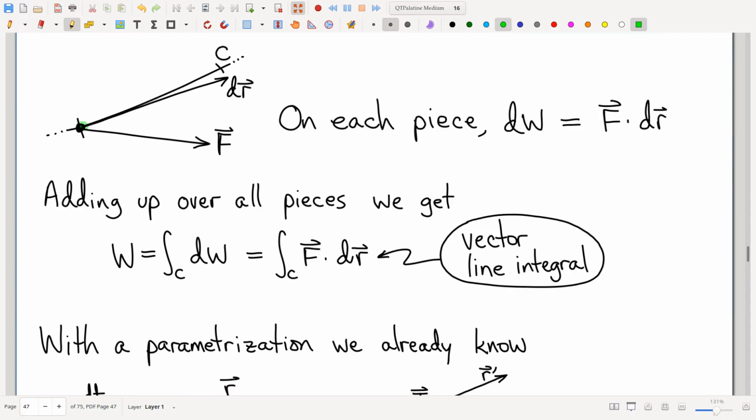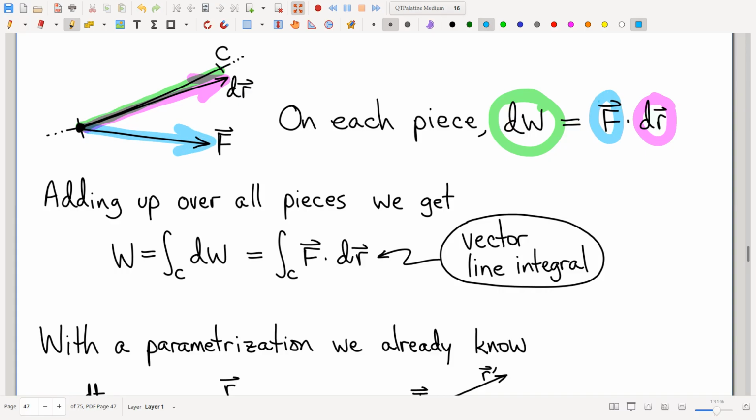Here we go. On a piece of curve, such as that, if you want to know how much work it takes to move along that piece of curve going the direction we're supposed to be going, well, there's a displacement, dr. There's the vector field, recognizing the force that I apply as I go along that displacement.